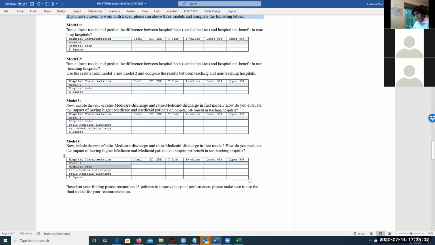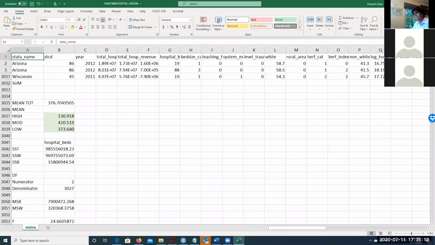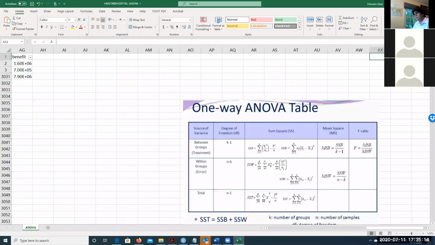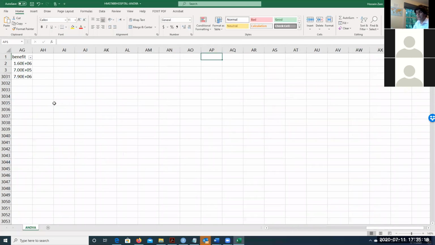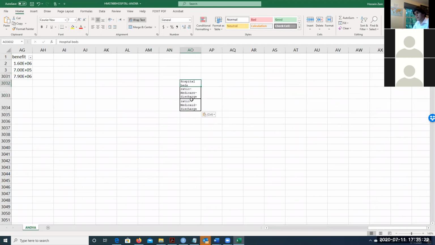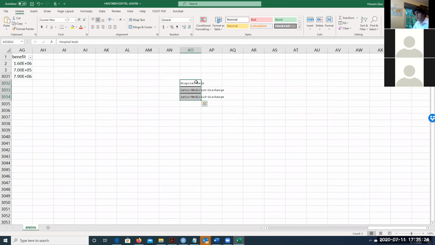Benefits. These are all the variables I need for this formula. For the regression, one moment, let me remove this. I should have benefits, absolute value.